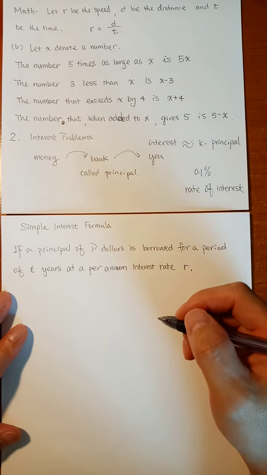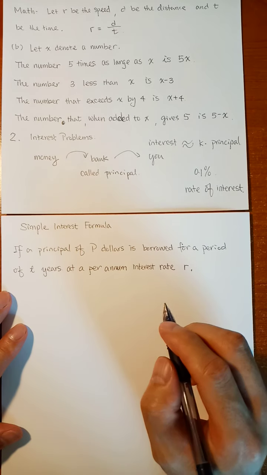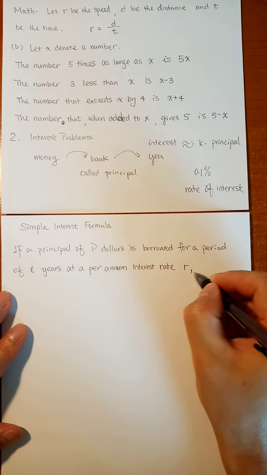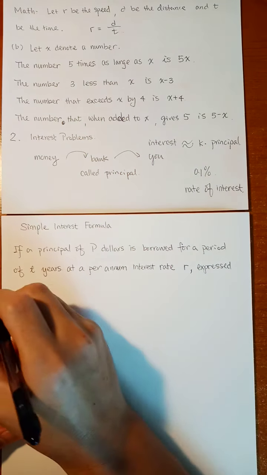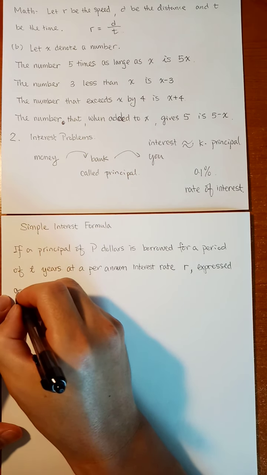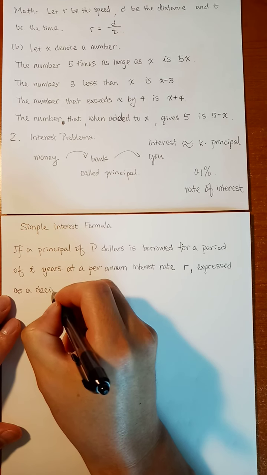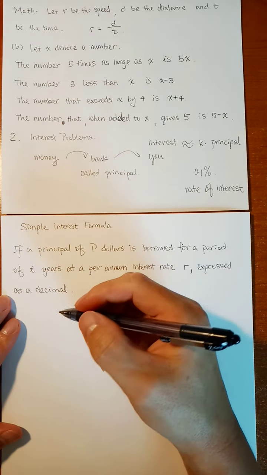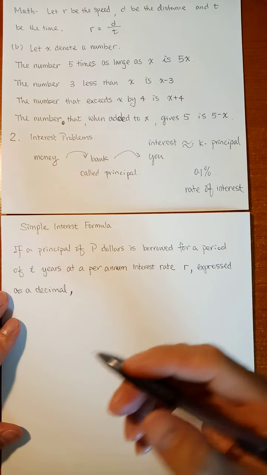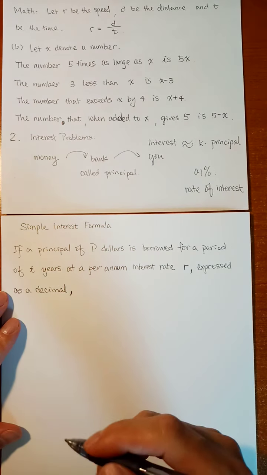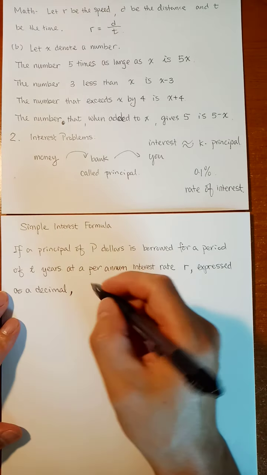That interest rate is expressed as a decimal. Then you can compute the total interest you can earn after T years.